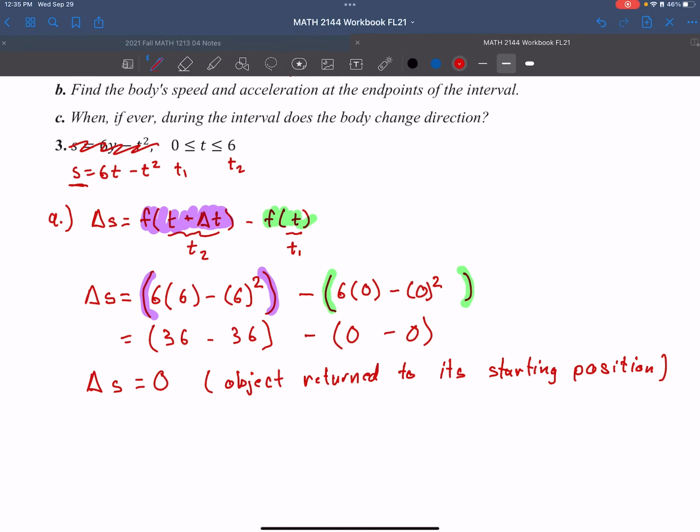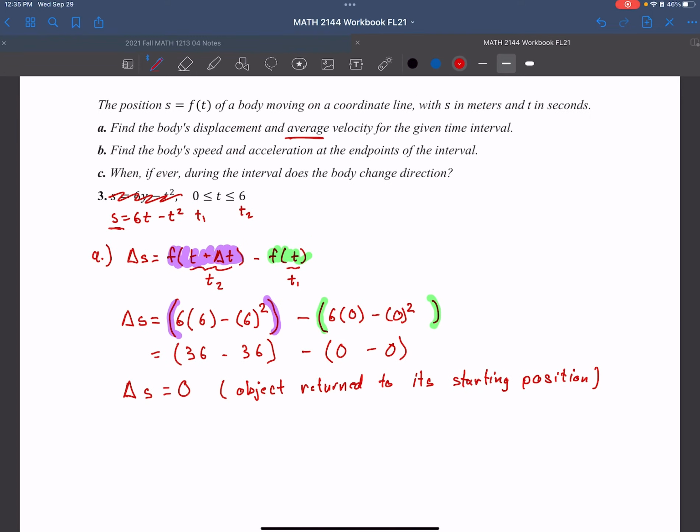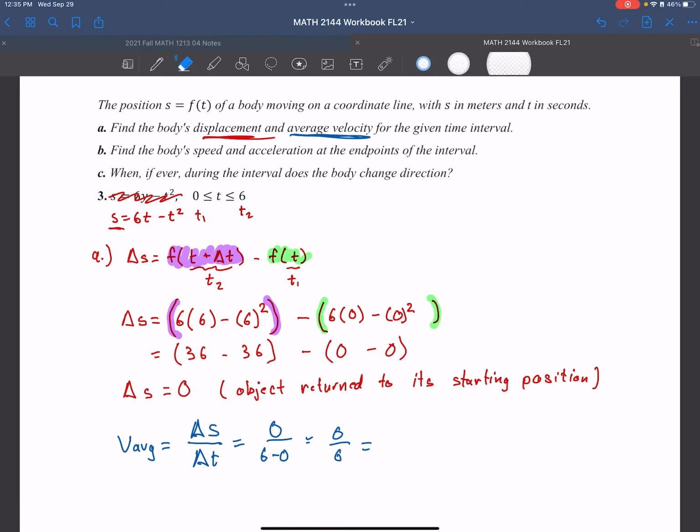All right. Now I'll color code. That was the displacement. Let's consider the average velocity in blue. So the average velocity, or we'll just do v sub avg, is the displacement over the elapsed time. So this is just going to be 0 over 6 minus 0, but this is 0 over 6, or 0 meters per second.